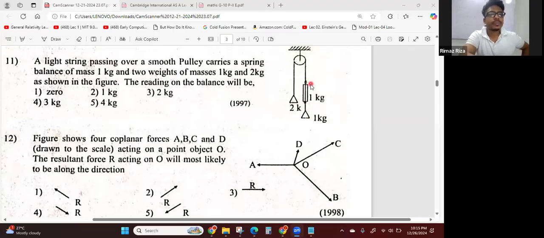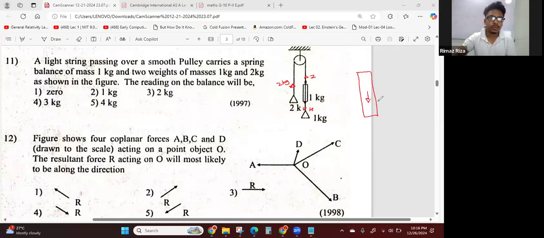So therefore you can consider force equilibrium simply. Here the tension will be equal to the weight of this. So we can go with the mass also. Here 2 kilogram is the tension, multiplied by g. Here it's pulling downward with 1. You can consider the force equilibrium of this spring.